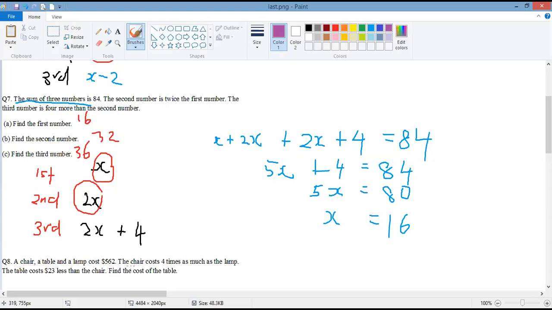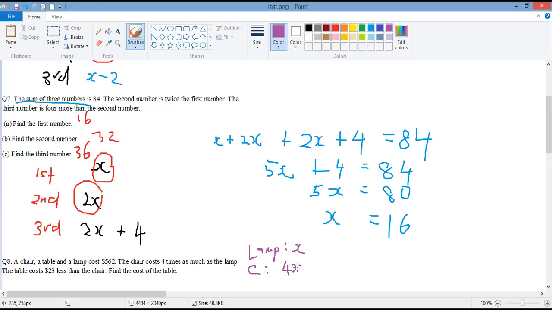So look at the second sentence. They compare the cost of the chair with the lamp. So you let the price of the lamp be x, because you don't know the price, but they compare the chair with the lamp. So you let x equal the price of the lamp, and for the chair, I just write C. So the chair will cost 4 times as much as the lamp.